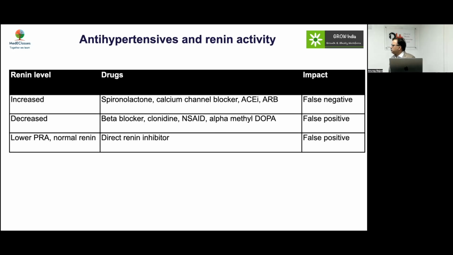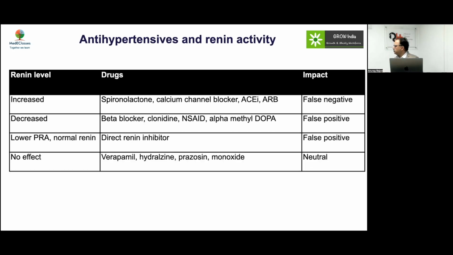Direct renin inhibitor is not very commonly used now. That also causes a confusing scenario in which your PRA is less because you are antagonizing renin. So your bioactivity is less, but your immunoactivity is normal, because your renin content will be normal, but this is something which is not really commonly used. So what do we do?